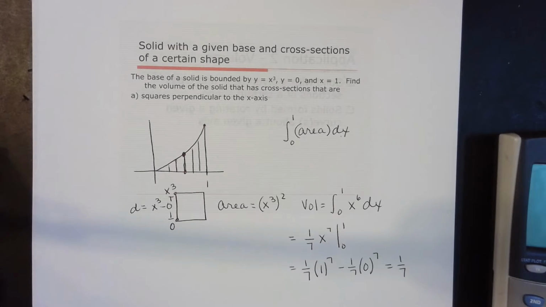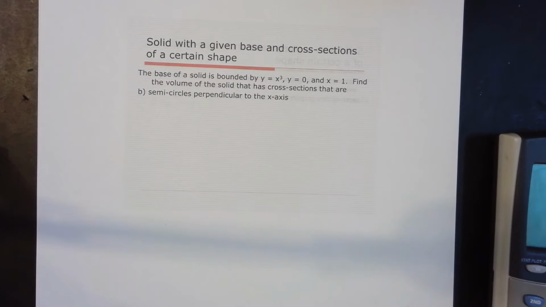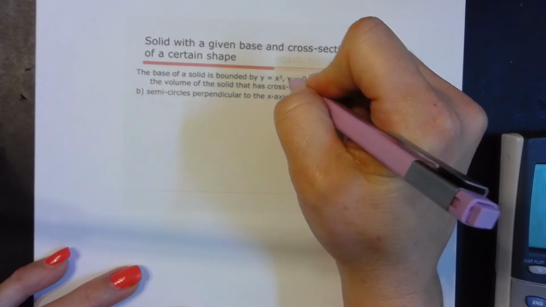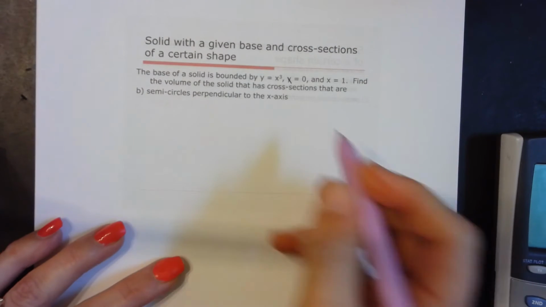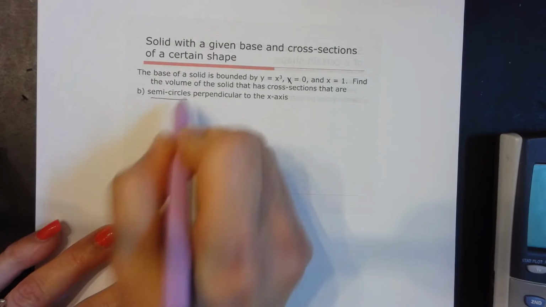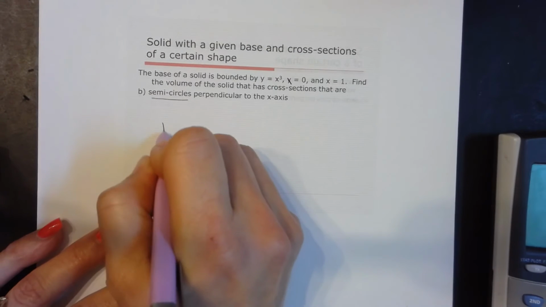Alright, let's do another example. Same curve, same section from 0 to 1, so x equals 0 to 1. But now we're going to have cross sections that are semicircles. Again, let's draw our shape so we can get an idea of what this looks like, from 0 to 1.